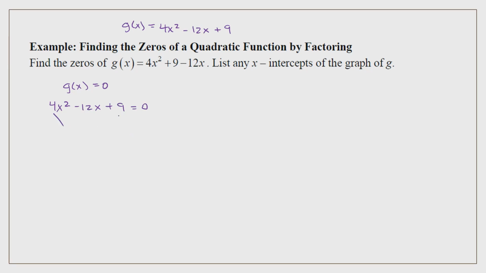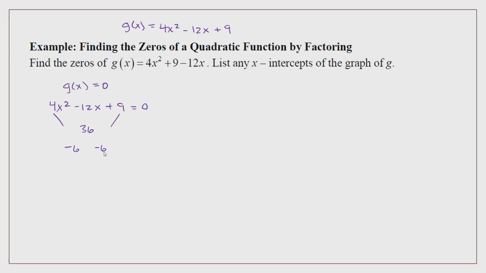I'm going to multiply my leading coefficient and my constant, and that's going to give me 36. So I need two values that multiply to get me 36, but add to get me negative 12. And that's going to get me the two factors, negative 6 and negative 6.